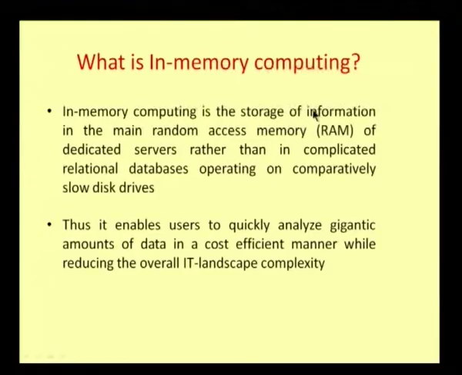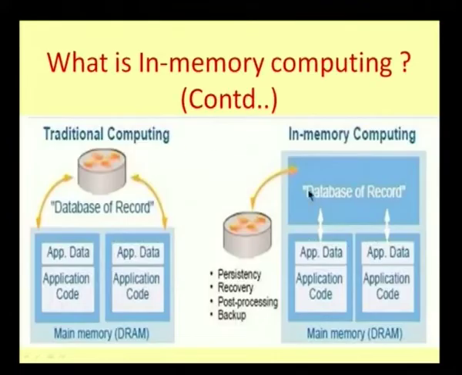It enables quick analytical analysis of a gigantic amount of data in a cost-efficient manner, because it reduces the overall IT landscape complexity. Now, if you see this diagram, in traditional computing you have the database available here, and you have the main memory in which application data as well as application code is available.